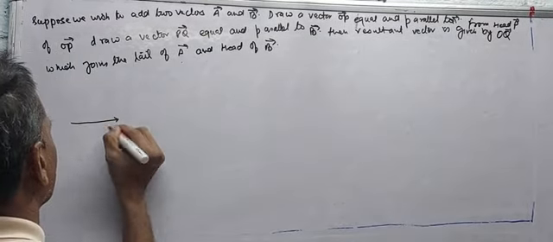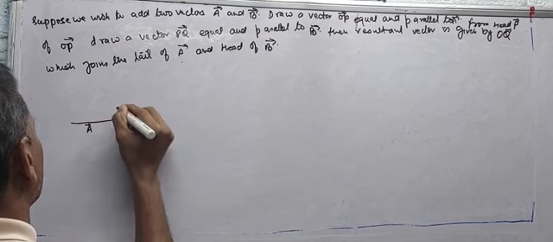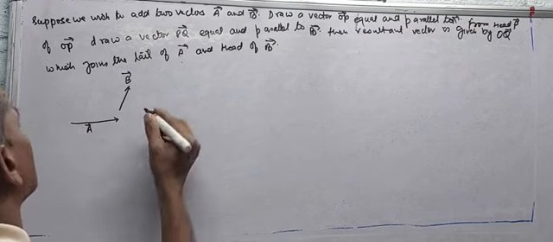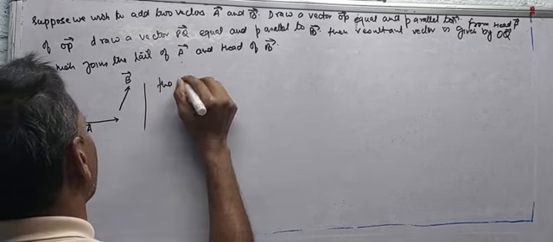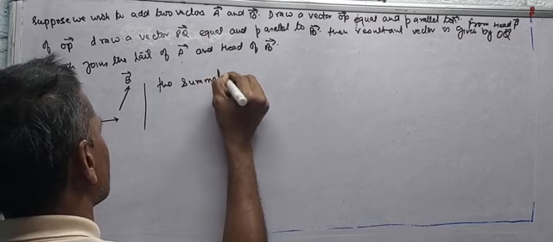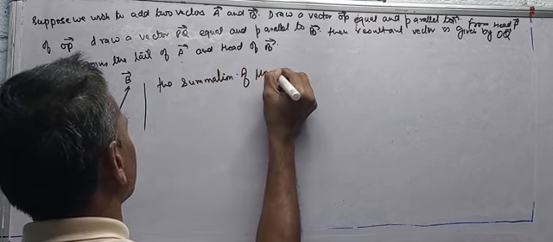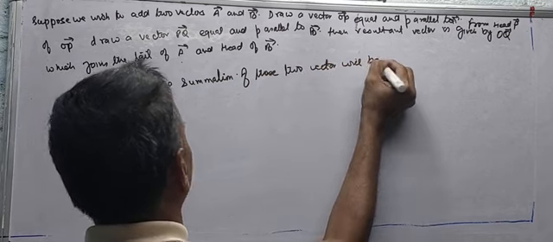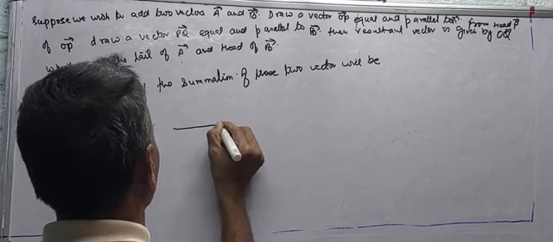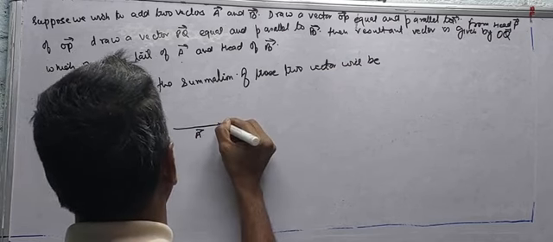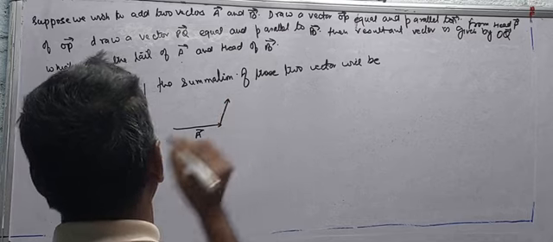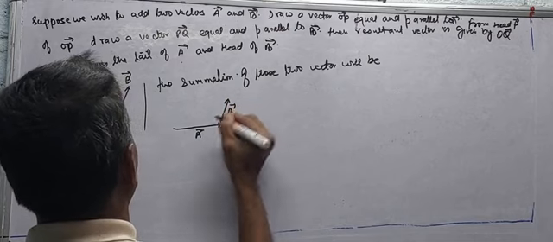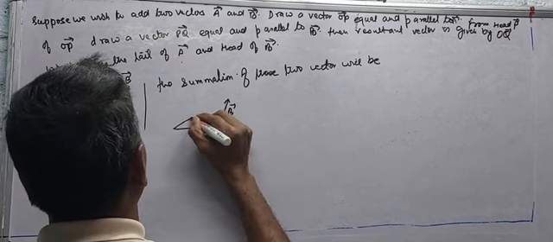Here is A vector and this is B vector. The summation of these two vectors will be parallel to A vector, and from the head of A vector this is B vector, and the resultant will be OQ.